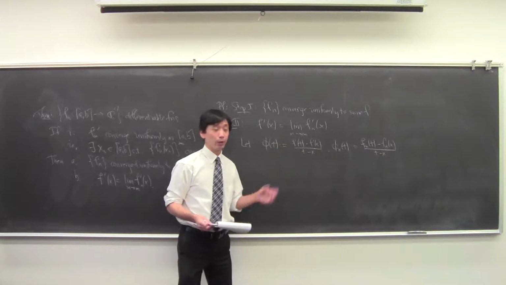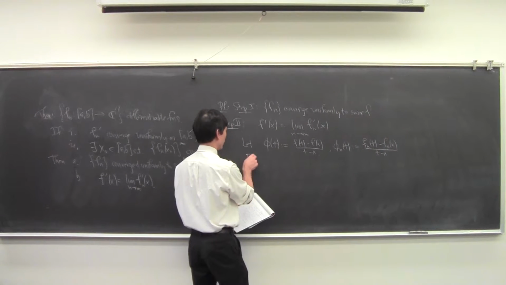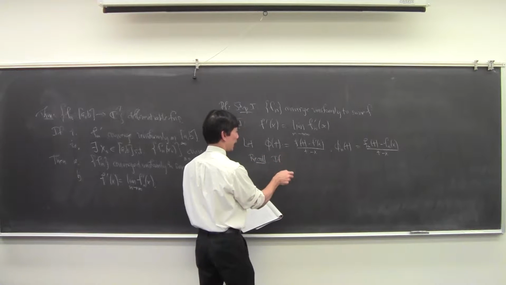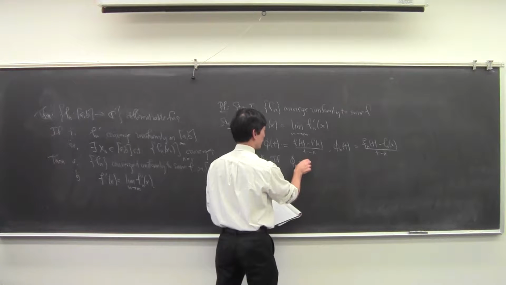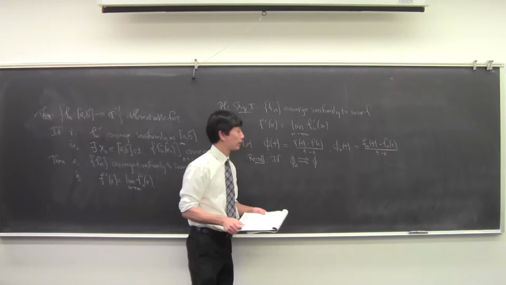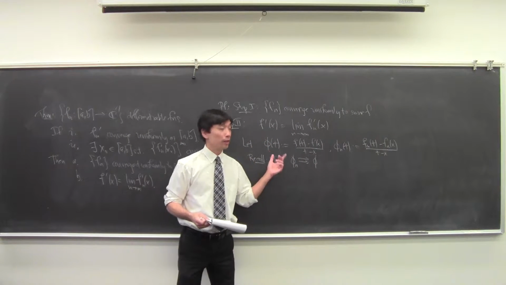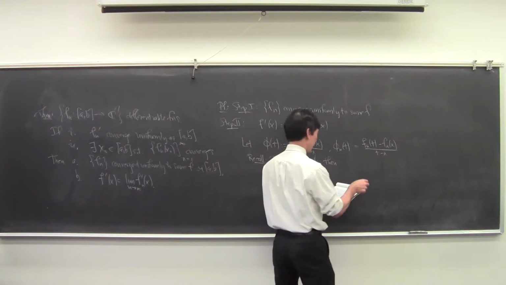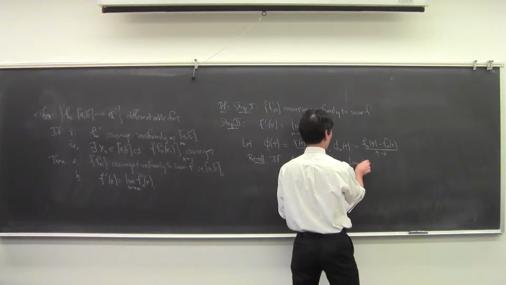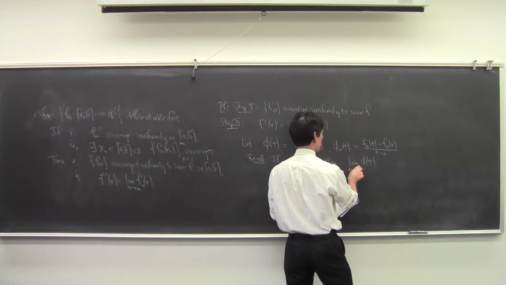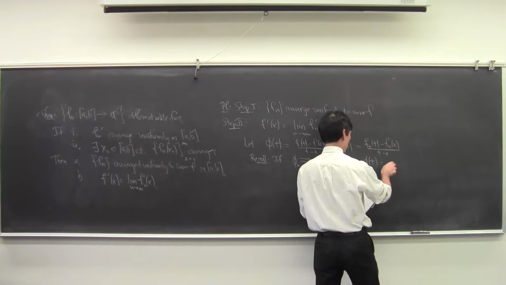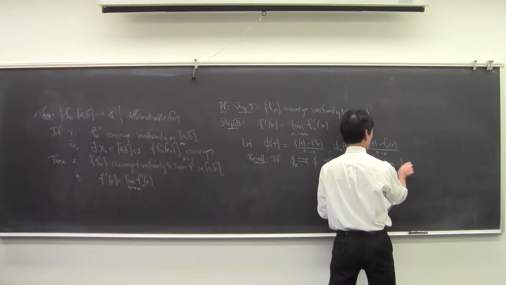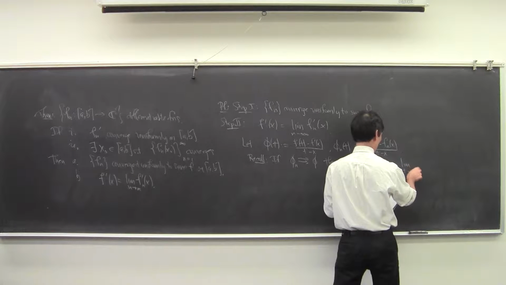And earlier, we had this theorem, so recall, if we can show that the phi sub n converge uniformly to phi, then from the previous theorem, we get that the limit of phi of t as t approaches x is the limit as n goes to infinity of the limit as t goes to x of phi n of t.